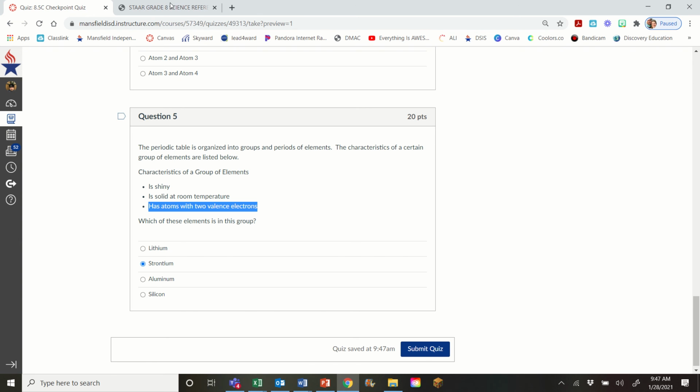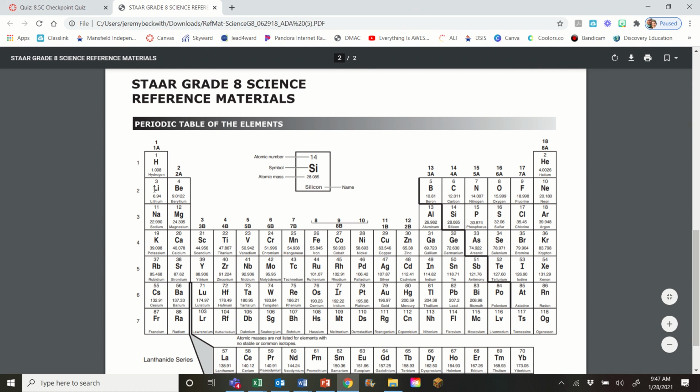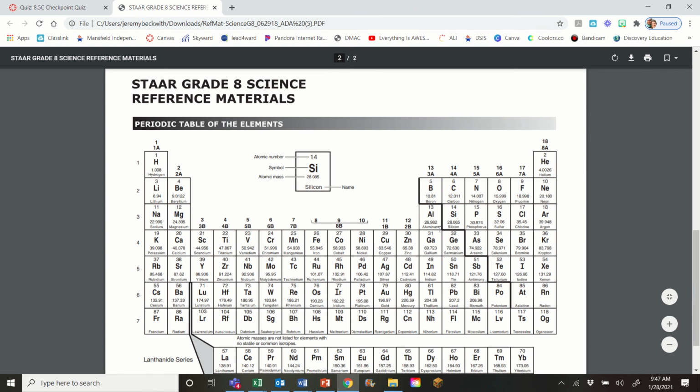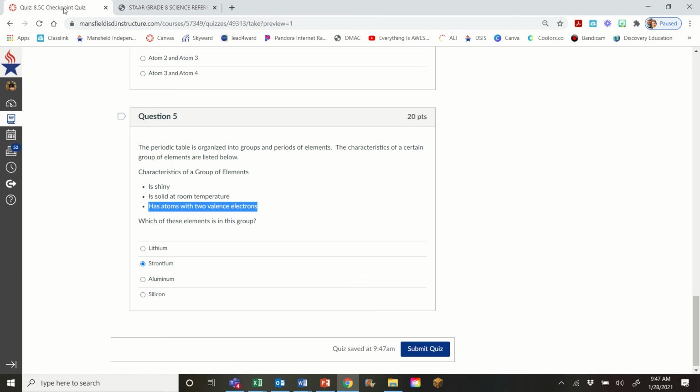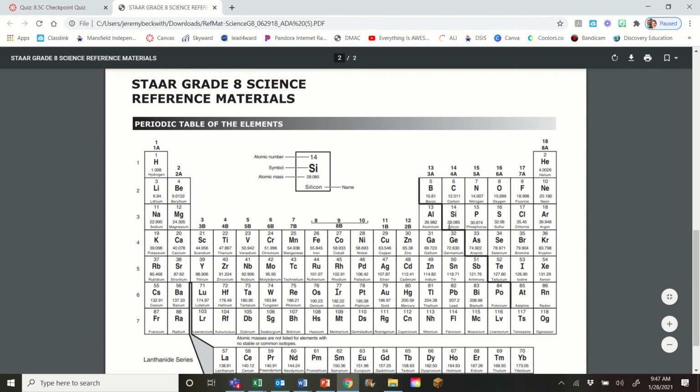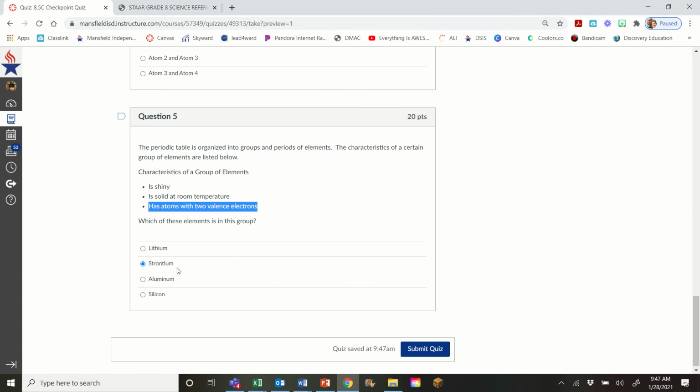So lithium, let's find lithium. It's in group number 1, which means it has 1 valence electron. Aluminum is in group number 13, so it has 3 valence electrons. Silicon is in group 14, so it has 4 valence electrons. So our answer choices actually are 1, 2, 3, and 4 when it comes to valence electrons.